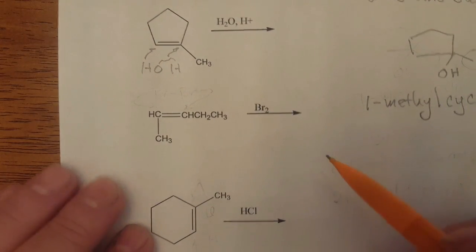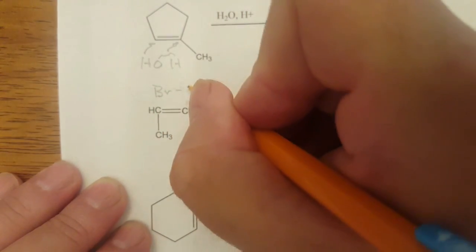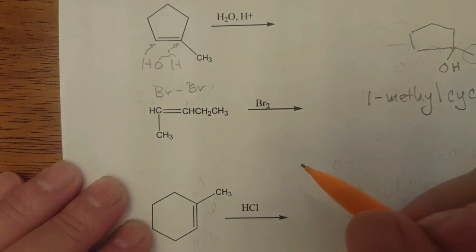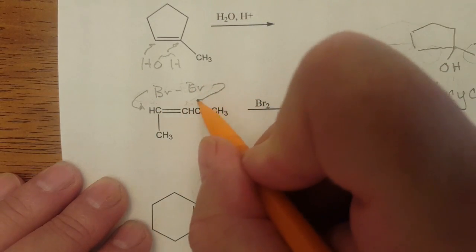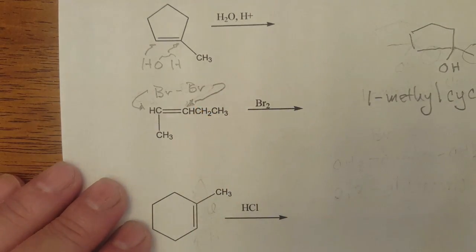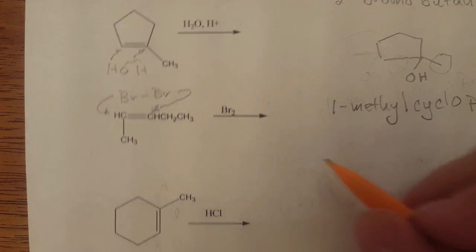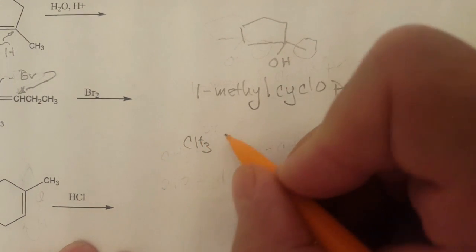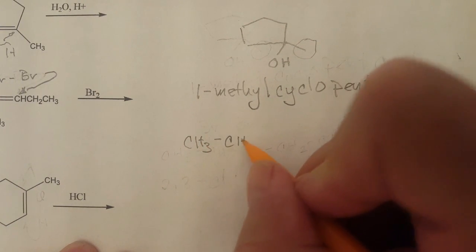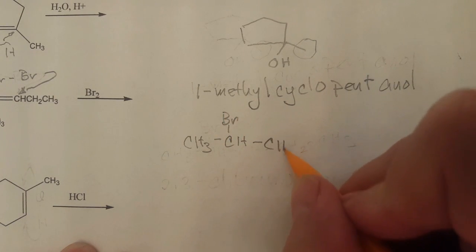This is going to be a bromination reaction, where bromine gas is going to add across the double bond. One of the bromines is going to go there, and the other one is going to go there at that carbon. So the answer is going to be CH3-CH. Here's where one of the bromos go, CH.